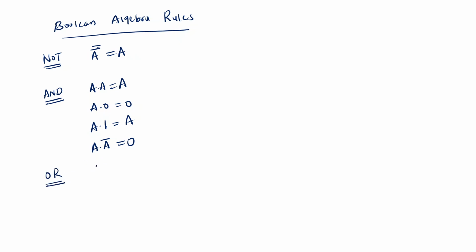Next you have the OR law. A OR A equals A, A OR 0 equals A, A OR 1 equals 1, and A OR A bar equals 1. Next, we discussed the associative law.